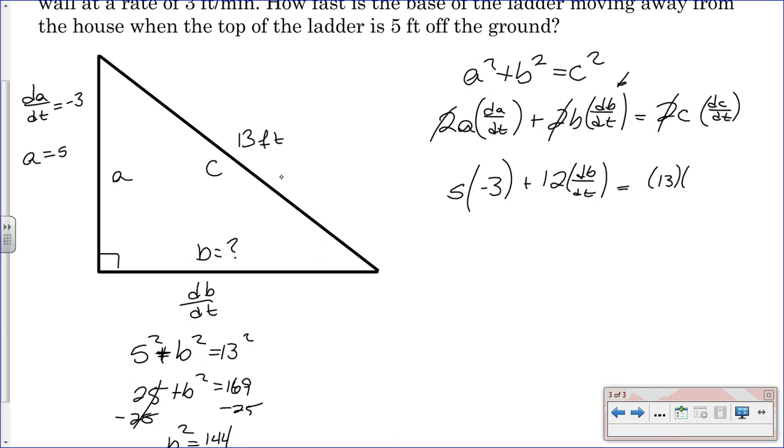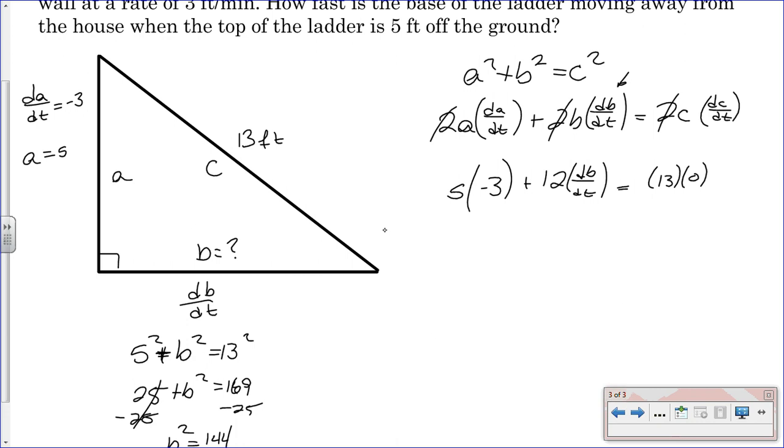But is the length of the ladder changing? No. Since the length of the ladder is not changing, dc dt is going to be 0, because it's not changing at all.